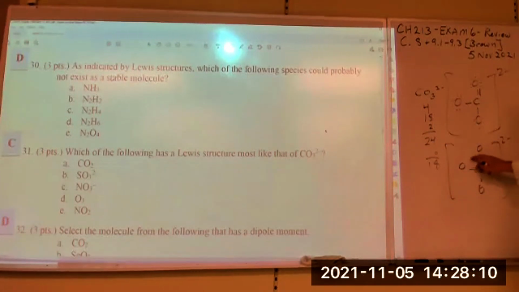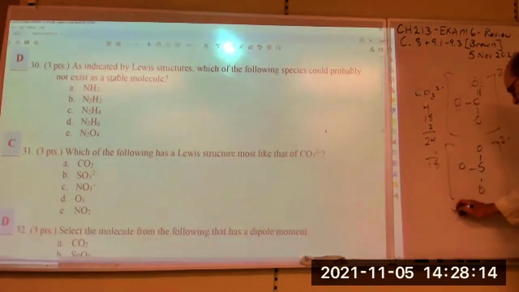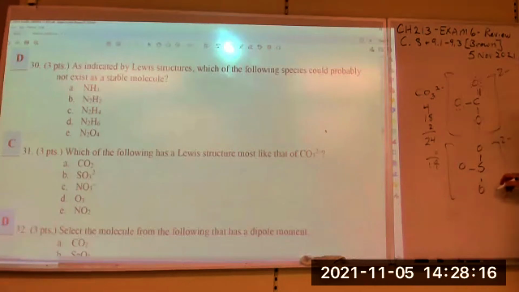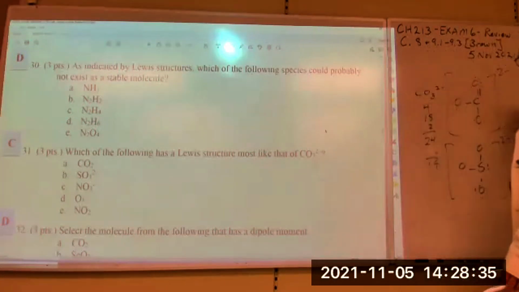So it's 1, 2, 3, 4 times 6 is 24, 25, 26, 26 electrons. So even if we put, there we go. We have 24 and then we have these 2 over here. Right. So that would be stable, right? Octet around everybody. But it doesn't look like that. So we got to find what looks like CO3 2 minus.